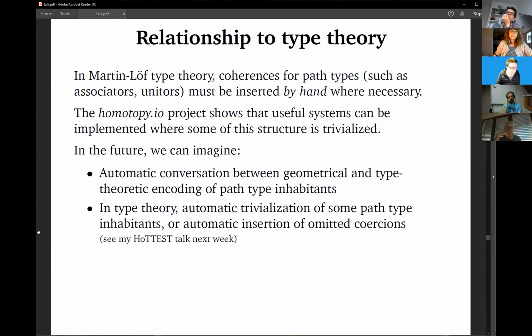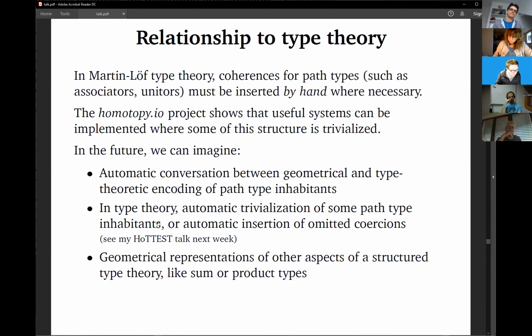Or alternatively, instead of automatically trivializing some path type inhabitants, perhaps it could automatically insert them. So when you try and compose F and G, it would say, well, sorry, mate, F and G aren't composable, but I can automatically coerce G, so it doesn't have type B prime to C, it has type B to C. So it'll give you back some perhaps much larger thing, but now you can compose it with F.